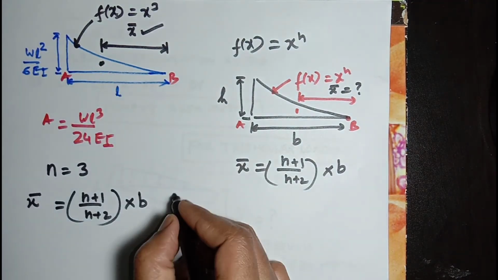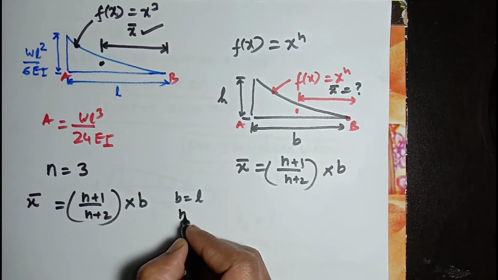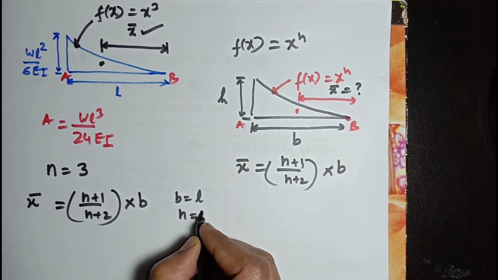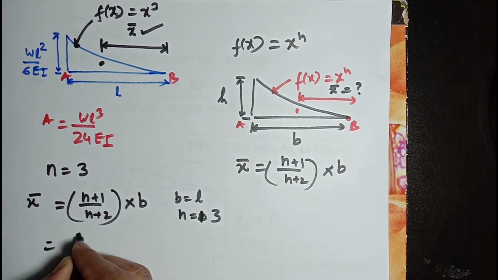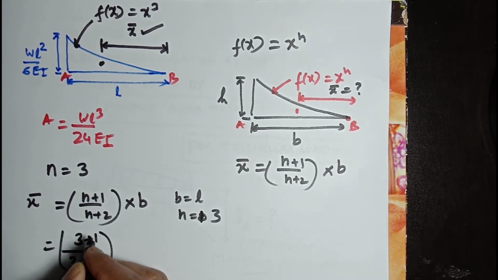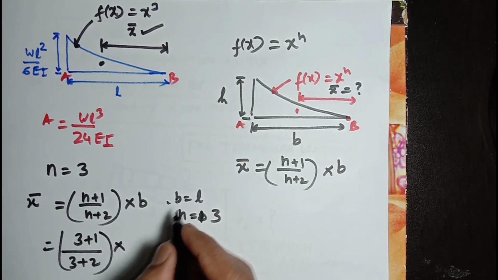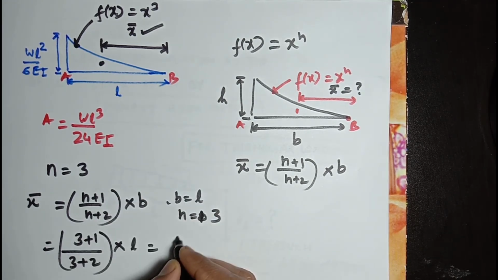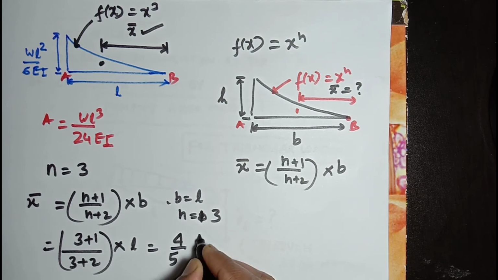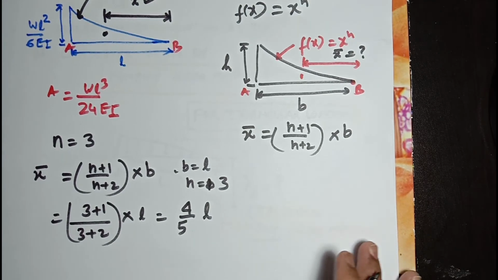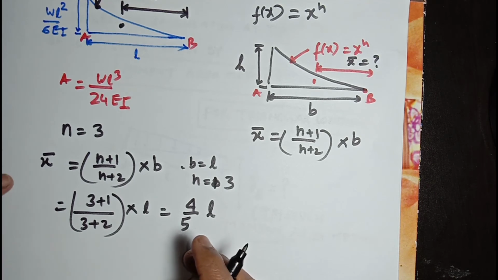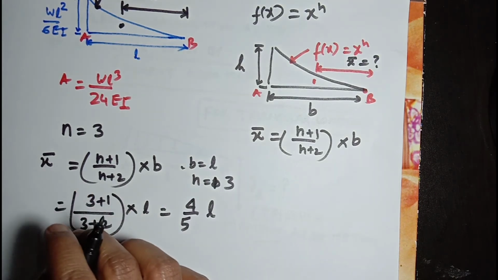Here b is nothing but L, and n equal to 3. So 3 plus 1 divided by 3 plus 2 multiplying with this base length L. It will be 4 divided by 5 into L. Here we are done with the calculation of x bar.